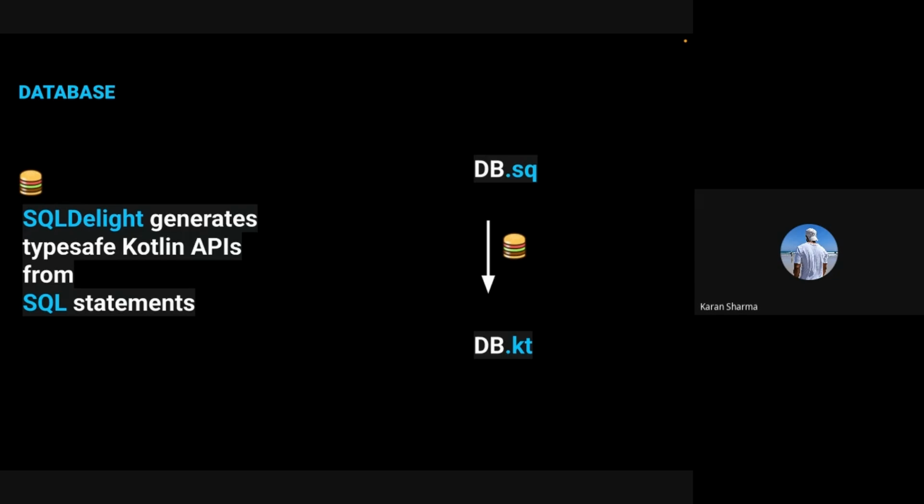But it comes with a caveat that it uses annotation processing. So we annotate our Kotlin classes with some annotations, and then it uses annotation processing at the build time to convert that into SQL. So for larger projects, there might be slower build times. But if you're happy to write SQL, then yeah, SQLDelight is the library for you.